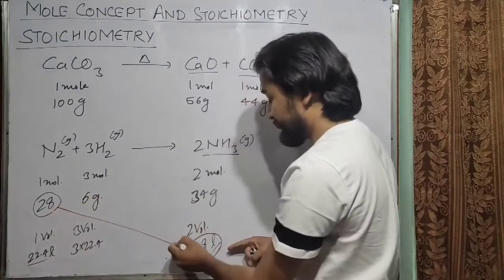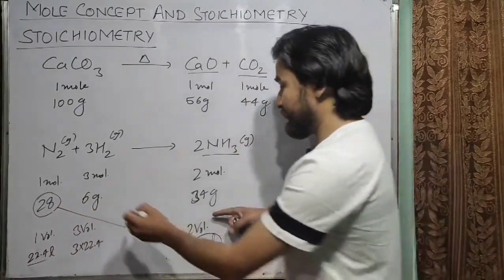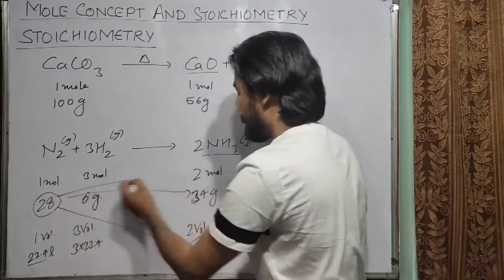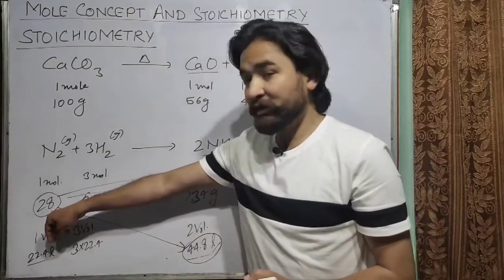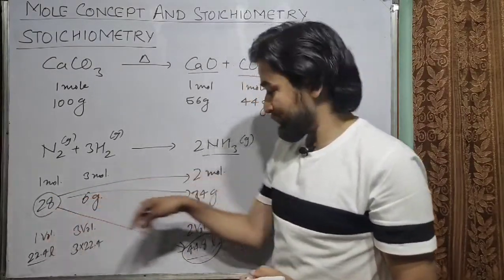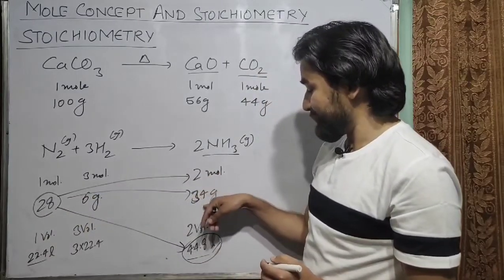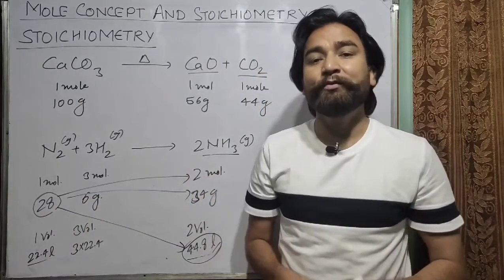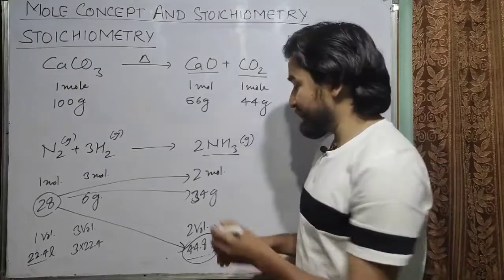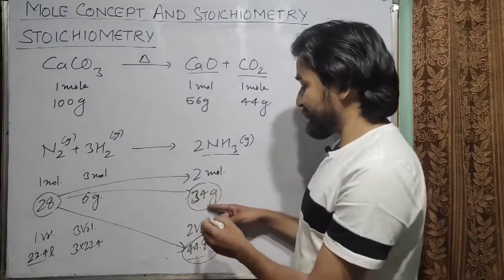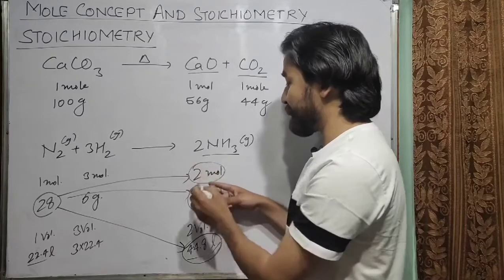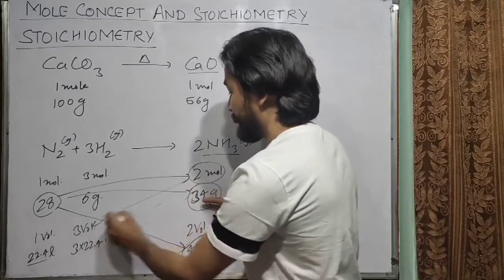So the relationship goes here, and here, and here. So with the relation of mass, there is a relation of number of moles, mass, and volume of the products. Similarly, in the opposite case, the mass or number of moles are also related like this.